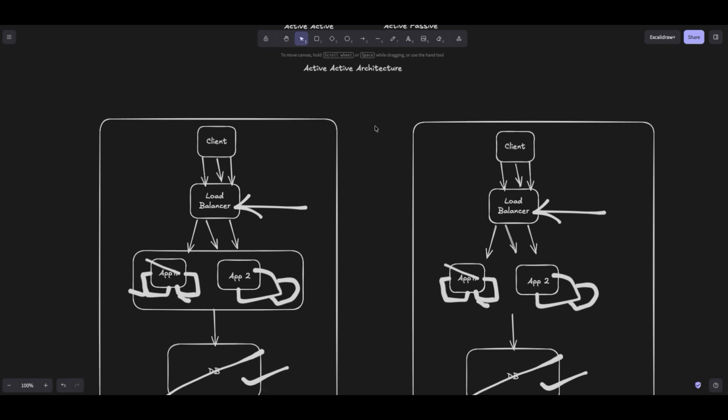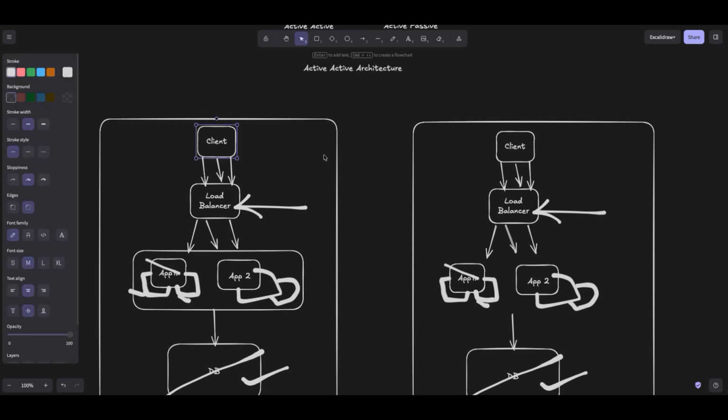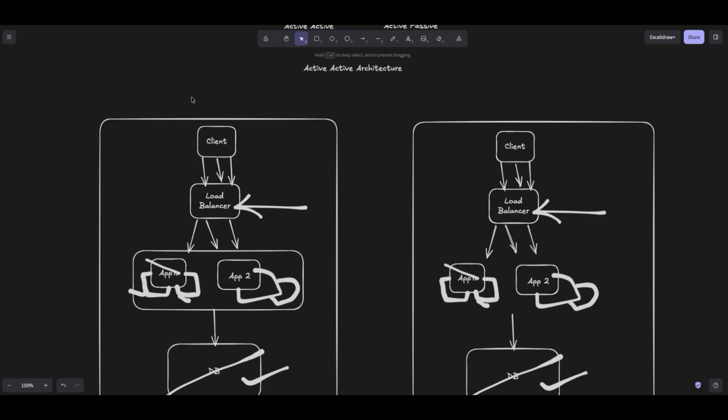So this same application setup might be running in two different zones. This is, let's say, in India, and that is, let's say, in the US, or it can be in different states of the same country. Since we want to make our application resilient, there is a possibility that if we only have one instance of the whole system running in one region, in one data center, and due to some natural calamity it goes down, right?